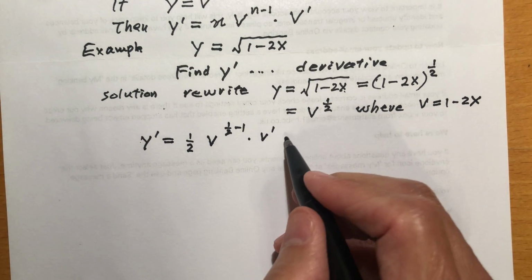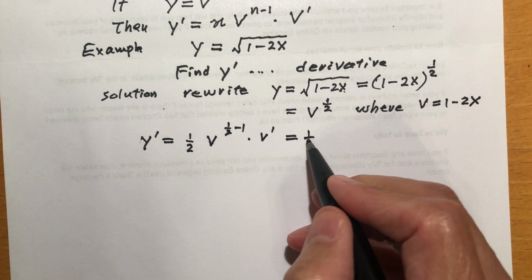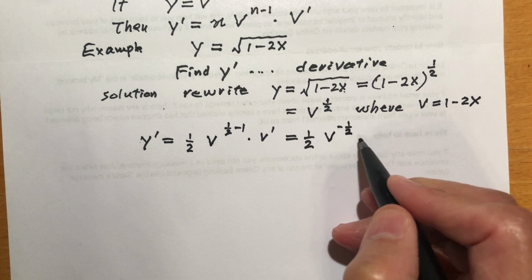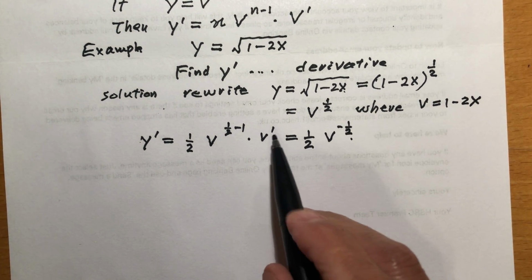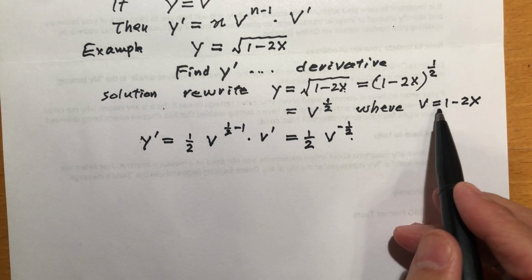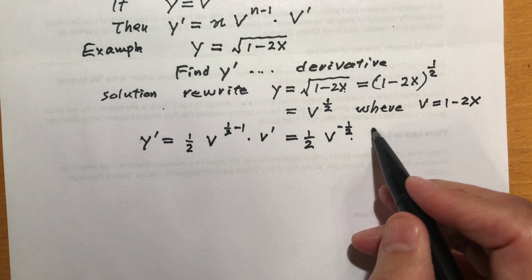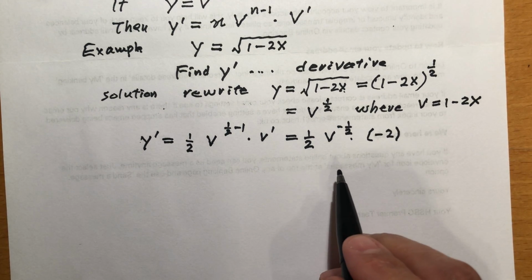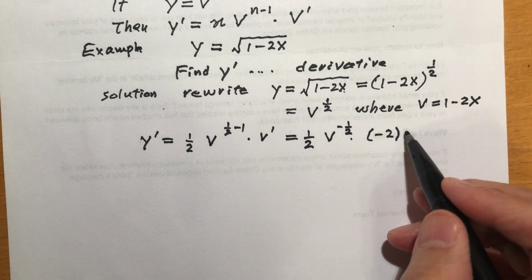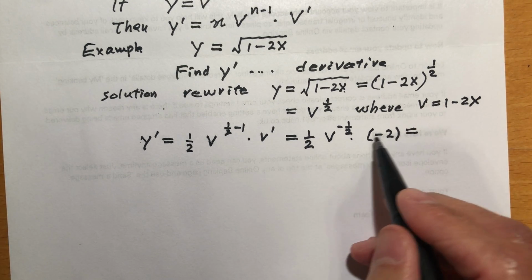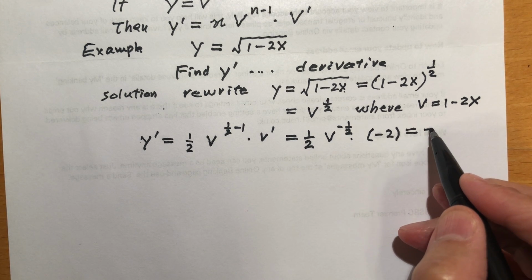And then I see this exponent becomes negative 1/2. V prime is the derivative of v. What is the derivative of v? V is 1 minus 2x. Therefore, the derivative is just a negative 2. So if you simplify this, 2 and 2 cancels, you have a negative.